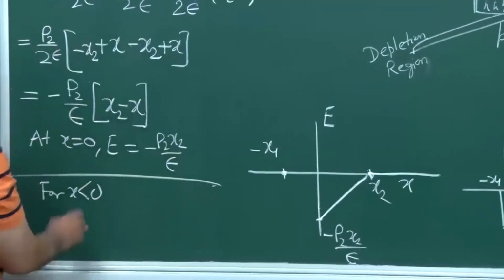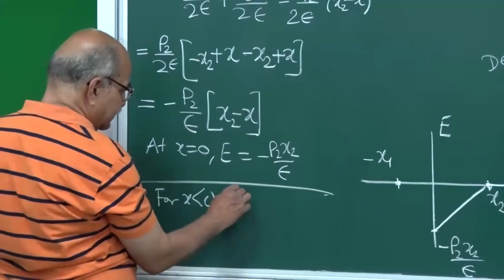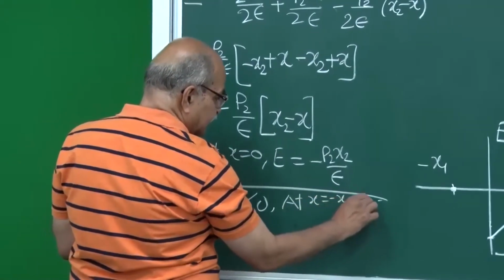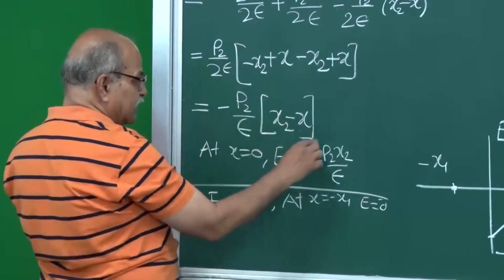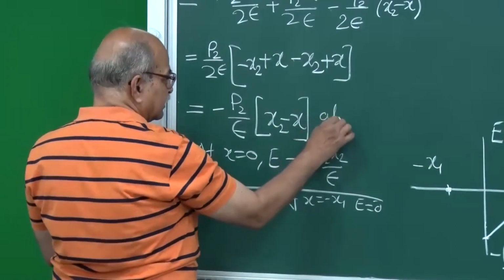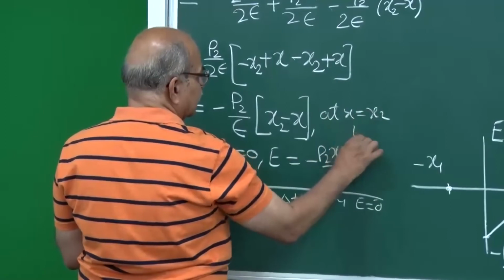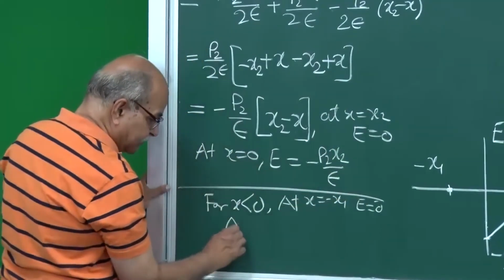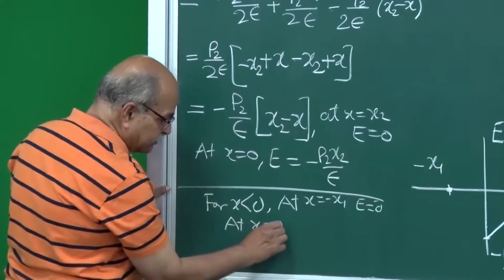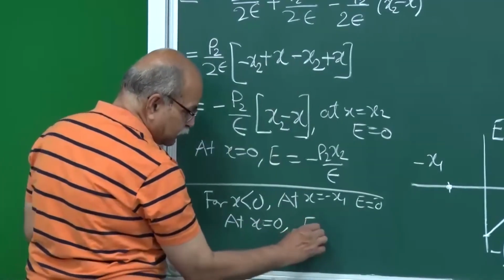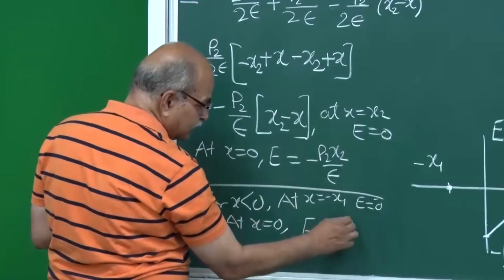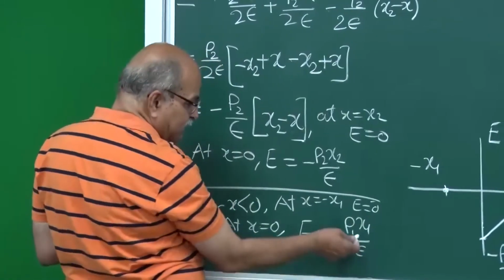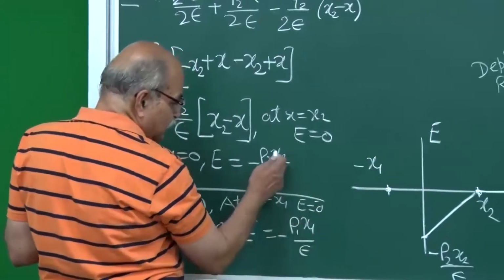And on the other side, for x less than 0, what you will expect is that at x equal to minus x1, the electric field will be 0, the same as the expression here at x equal to x2. Then at x equal to 0, from the same expression, your electric field should be rho 1 x1 divided by epsilon with a minus sign, but it's the same as this because rho 1 x1 is equal to rho 2 x2.